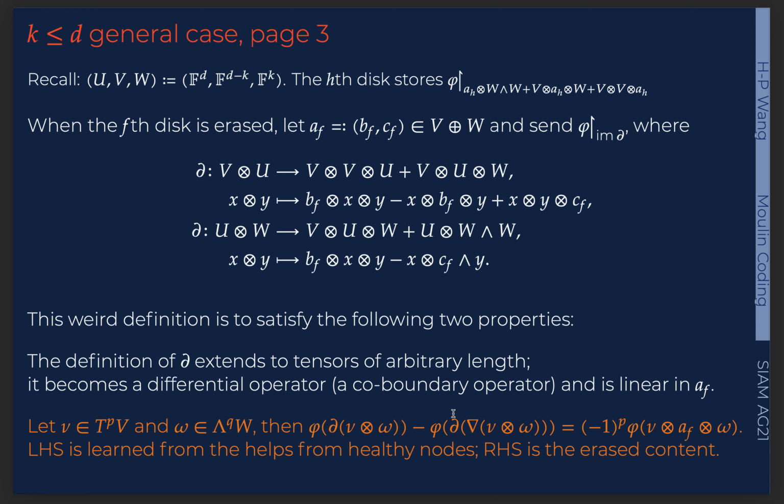The left hand side is the evaluation of phi on some vectors in the image of partial. The right hand side is the erased content. So now we can verify that we can repair an erased disk by sending this type of message. So that's the general construction.